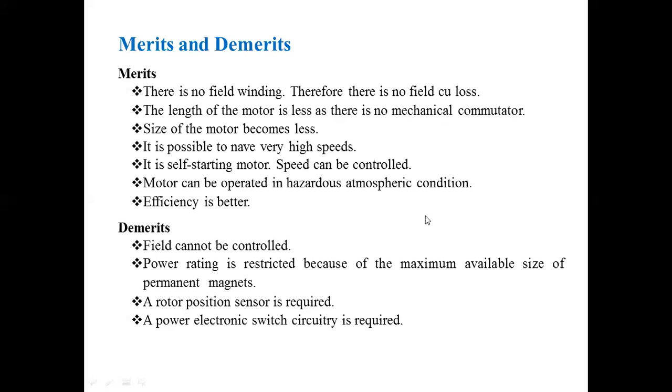We have two different types of speed control methods: the rheostatic control method and the armature voltage control method. We have different speed control methods on DC motors, as for the shunt motor normally. With these motors it is possible to get very high speeds and also low speeds.